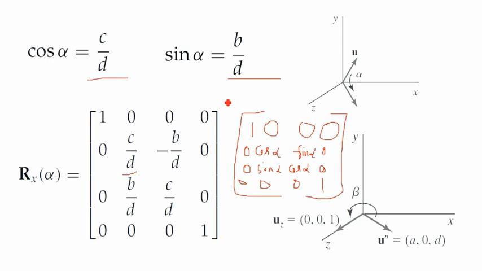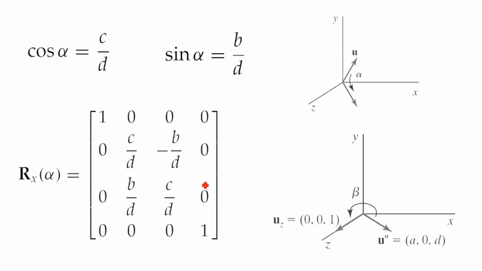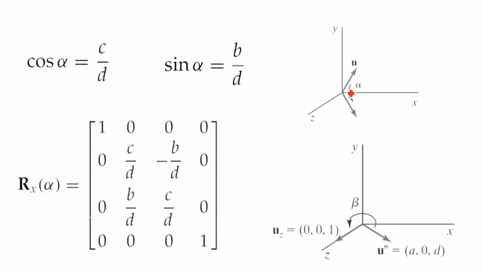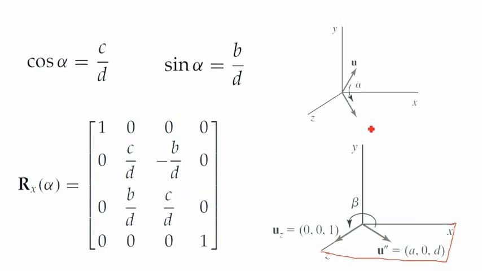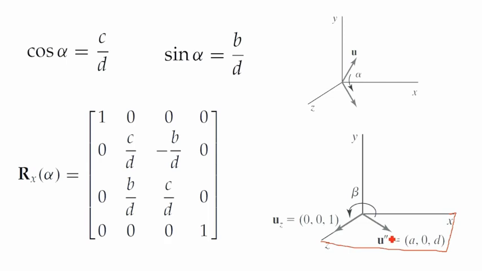So if I apply this matrix on this vector u, that is a b c, then what I get would be u double dash, which will be lying on xz plane. Since we have brought down this u onto xz plane, u double dash has a along its x-axis. You did not change its x, but the y got 0 because it's on xz plane, and the d is the z-axis.